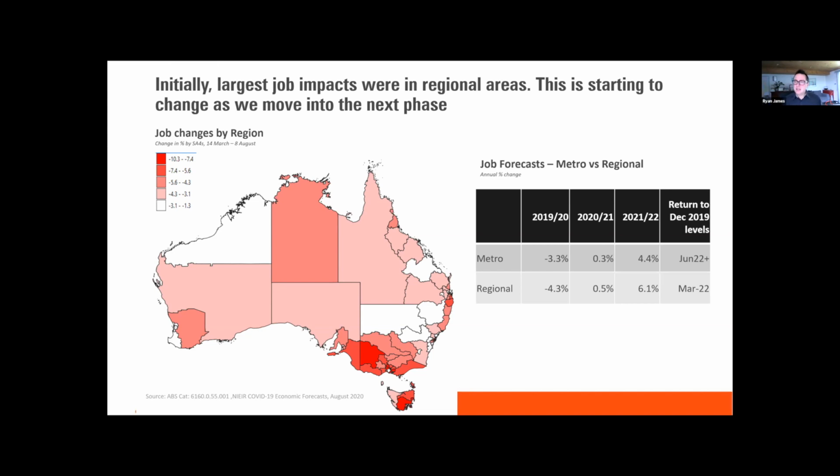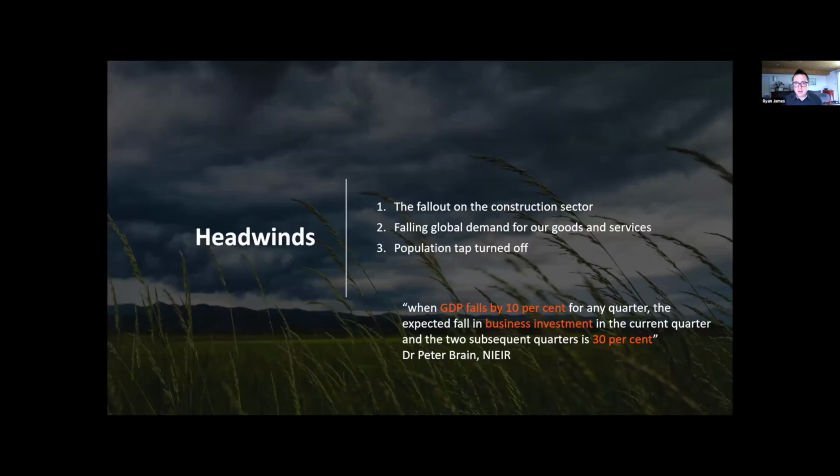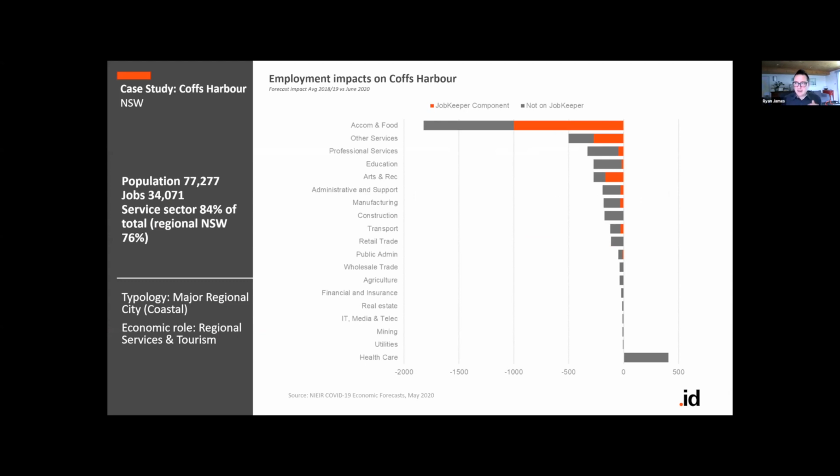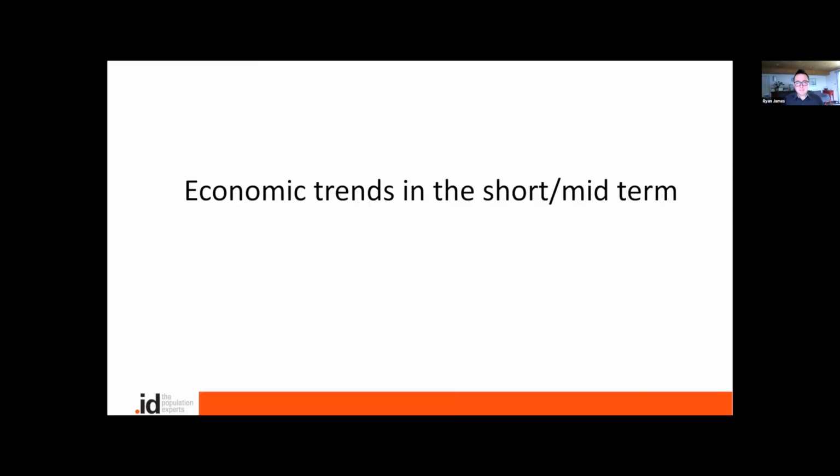So there's this interesting thing. Regional areas were hard hit, but maybe they didn't trough out as badly, or maybe they have recovered more quickly because they have, if I go back to the Coffs Harbour example, sometimes this sort of industry mix may be more resilient. This is an interesting thing.